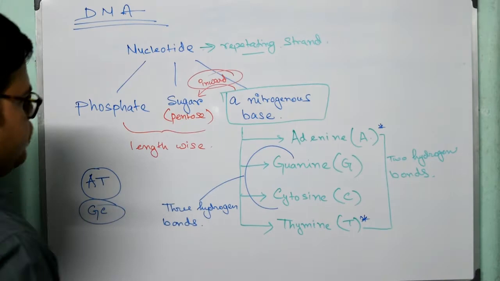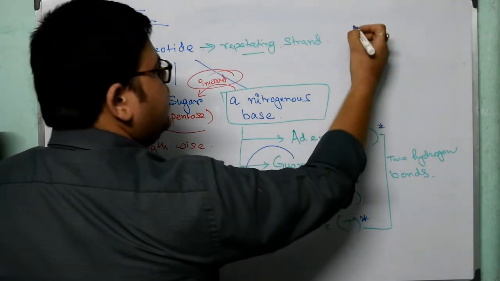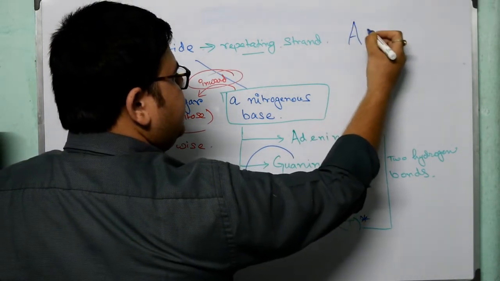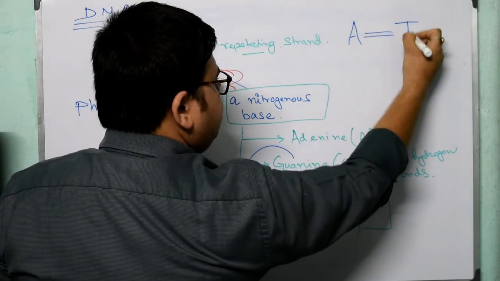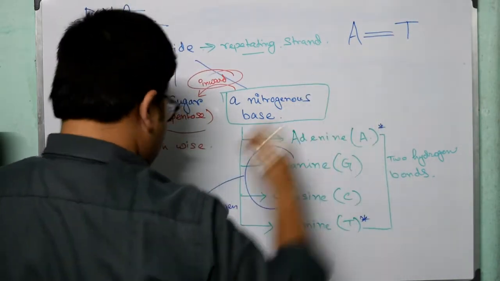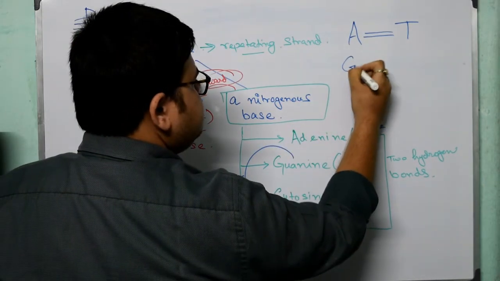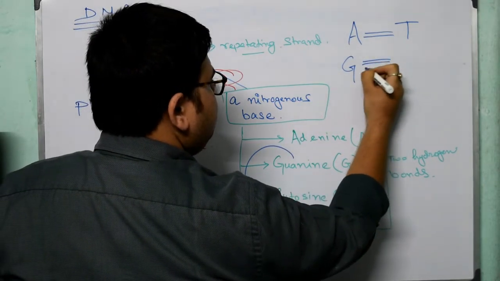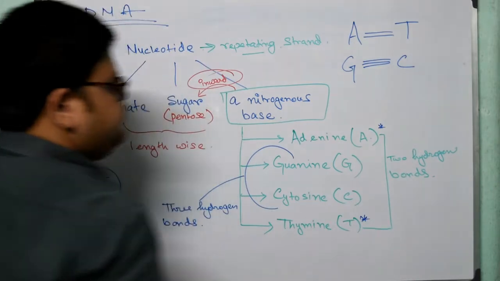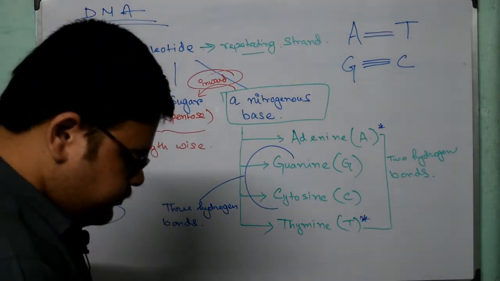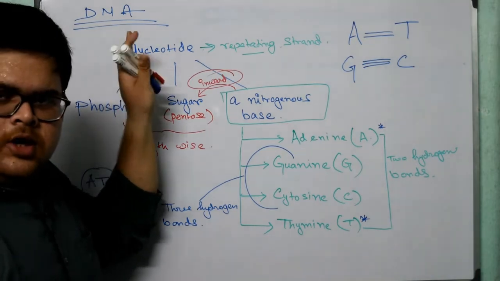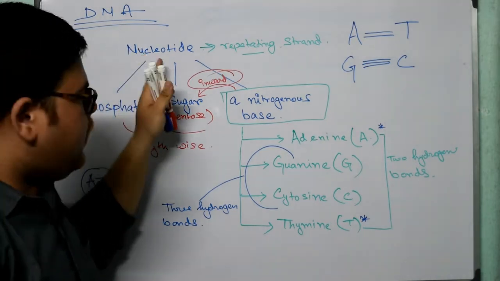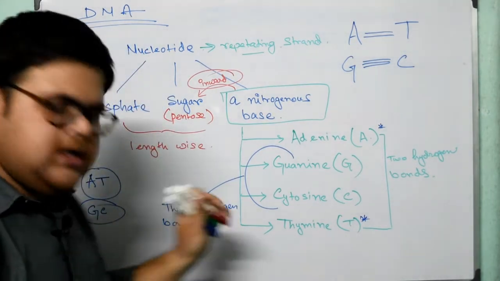Also, for short we write it as A double bond T, and for GC we write it as G triple bond C. Okay, so this is all about DNA, and I hope up till DNA everything is clear to you.